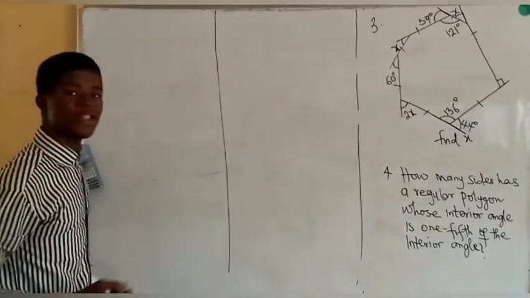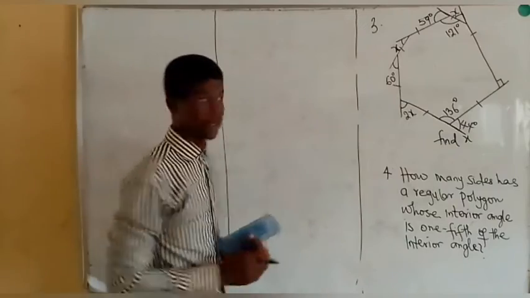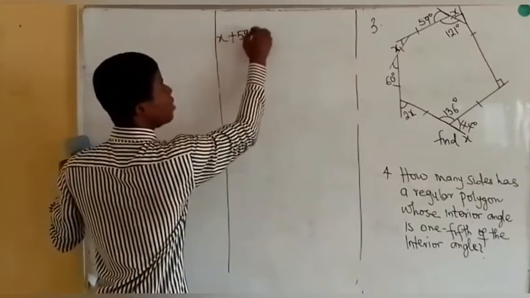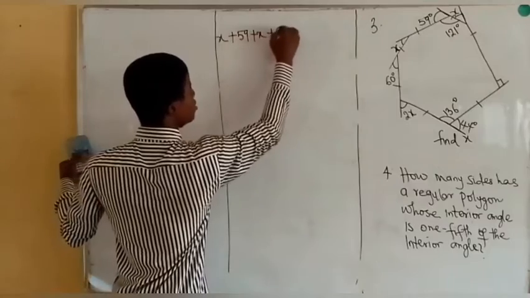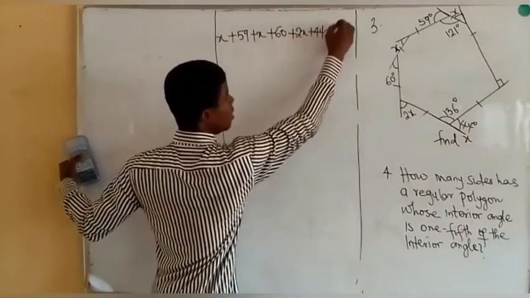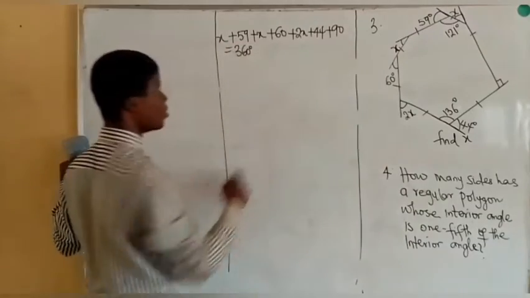So remember that the sum of the exterior angles of any convex polygon is what? 360 degrees. So x plus 59 plus x again plus 60 plus 2x plus 44 plus 90 is equal to what? 360 degrees. You know the reason?